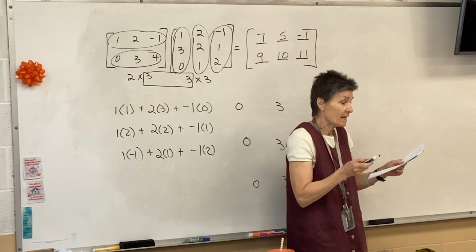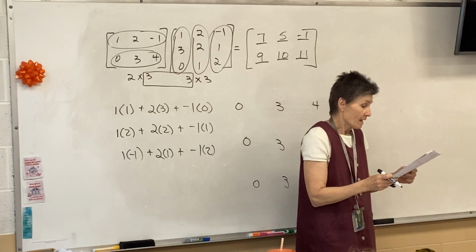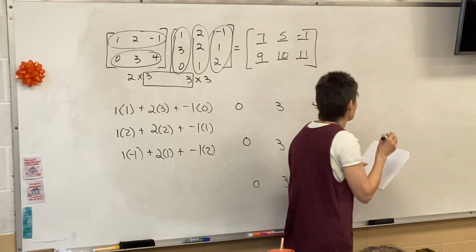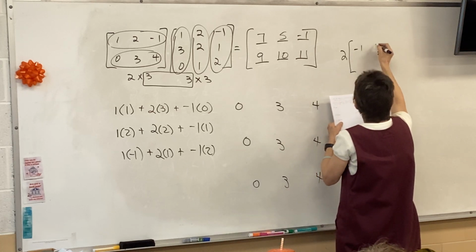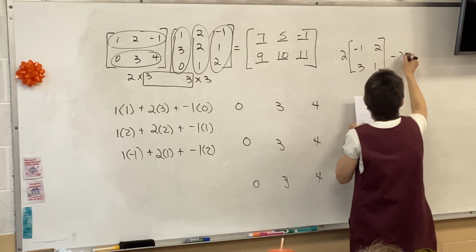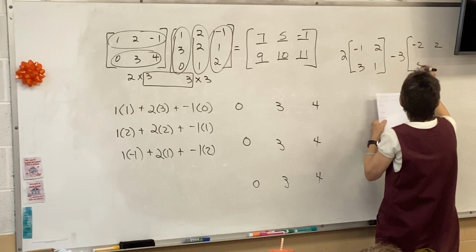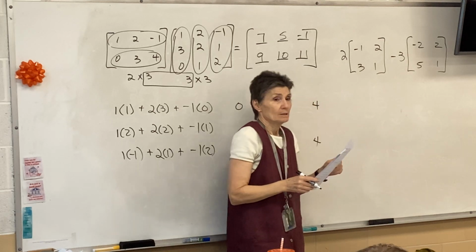And C and A do not. So B is a no can do. How about C? 2B minus 3C. Is that going to be possible? Yep, it is. So 2B minus 3C. They are both 2 by 2s.